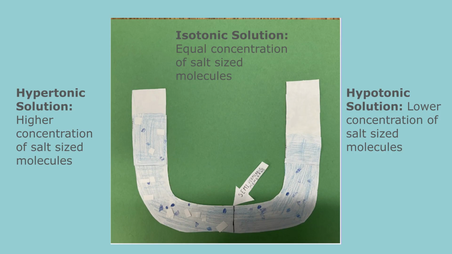A hypertonic solution has a higher concentration of salt-sized molecules. An isotonic solution has an equal concentration of salt-sized molecules, and a hypotonic solution has a lower concentration of salt-sized molecules. In osmosis, water moves from the hypotonic side to the hypertonic side.